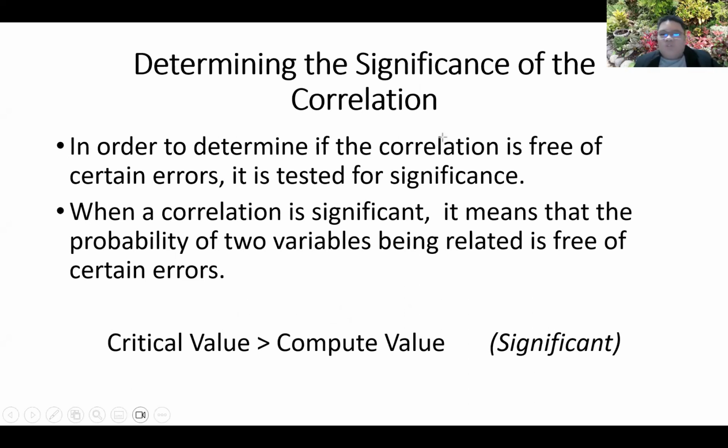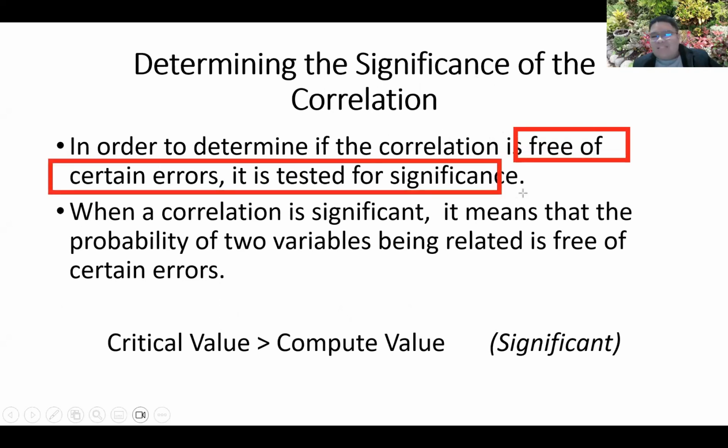Again ha, pag gusto kong malaman na walang error yung data gathering ko, dapat class it will be tested for significance. Okay? Ano pong ibig sabihin ng significance? Kapag significant po siya, it means that the probability of the two variables being related is free of errors. Okay? Halimbawa, I will show you the example on the next slide.